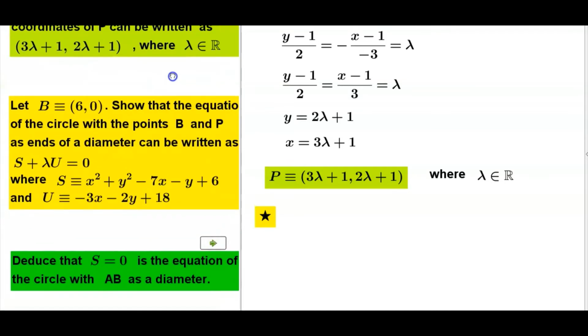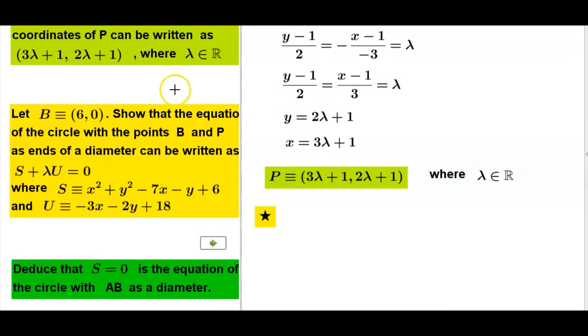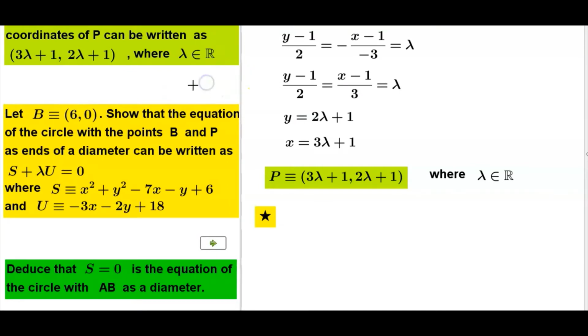Okay, now we come to this part. Let B equal (6, 0).